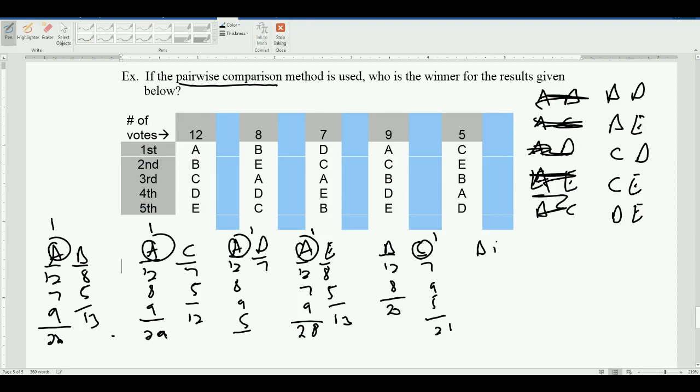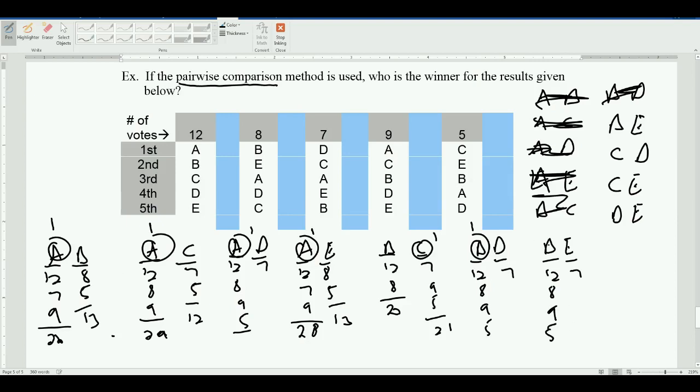Let's do B versus D. B gets those 12, B gets those 8, D gets those 7, B gets those 9, and B gets those 5. It's pretty obvious. B wins there. Let's do B versus E. B wins those 12, B wins those 8, D wins those 7, B wins those 9, and B wins those 5.